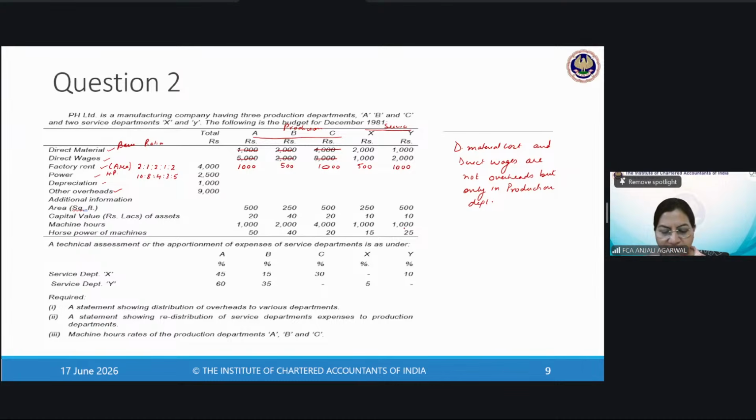And 2,500 divided by 30 will give you some fraction here, 83.33.